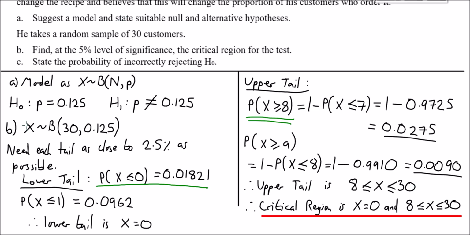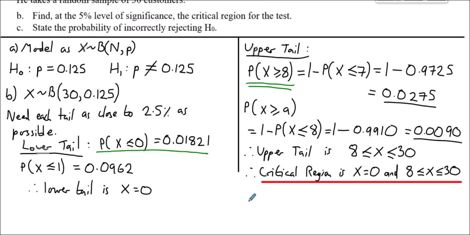So, for part C, state the probability of incorrectly rejecting H0. That's the same as working out what the actual significance level is.